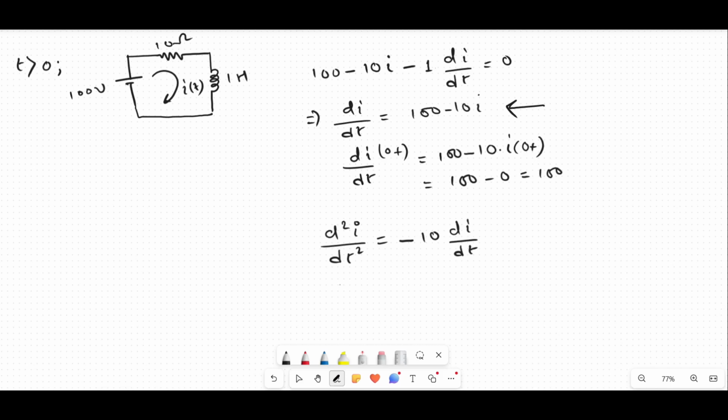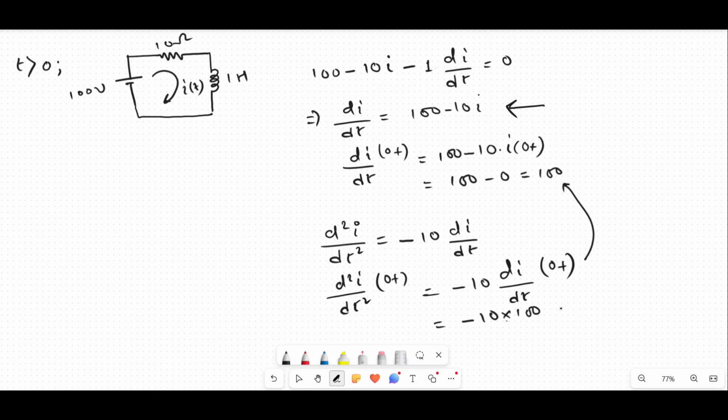Now if we determine the value of d2i/dt2 at 0 plus, this will be minus 10 di/dt at 0 plus, so this is minus 10, and this value we already have determined here, which is 100, so the value will be minus 1000.